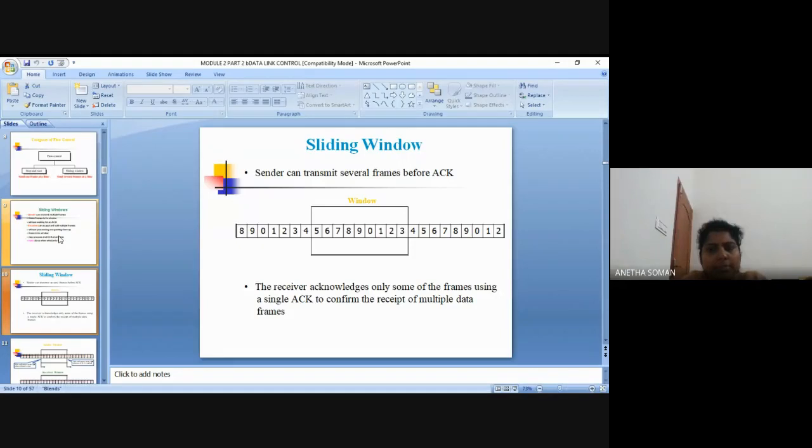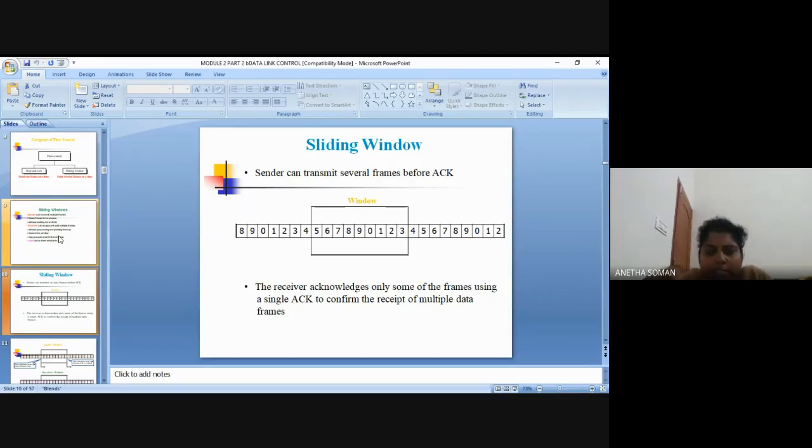Now here you have an imaginary window that you can see in the diagram. What does that window mean? Those frames within the window are able to be transmitted at a particular time. The size of the window means how many frames it covers. Here it is 1, 2, 3, 4, 5, 6, 7, 8, 9. The window size is 9 here.